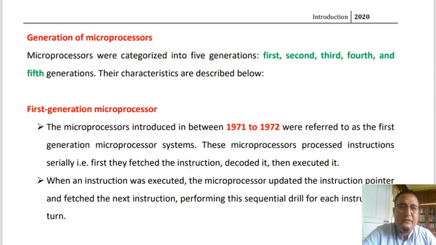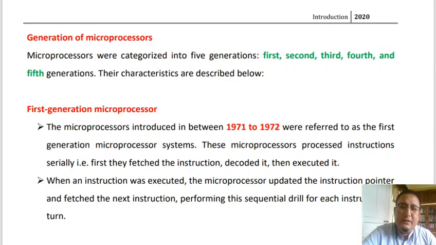Now, to start with the first generation microprocessor, the microprocessors that were introduced between the years 1971 and 1972 are referred to as first generation microprocessors, wherein the instructions were executed one after the other in a sequential manner. This kind of execution is also referred to as instruction interleaved execution between the various instructions.